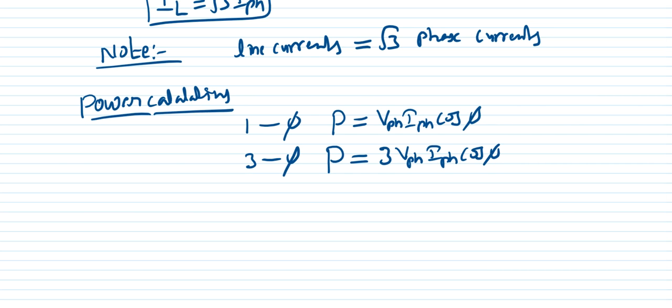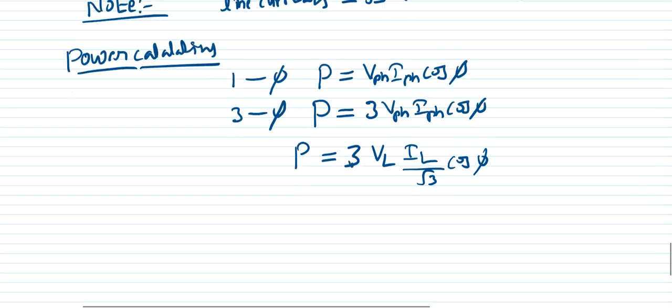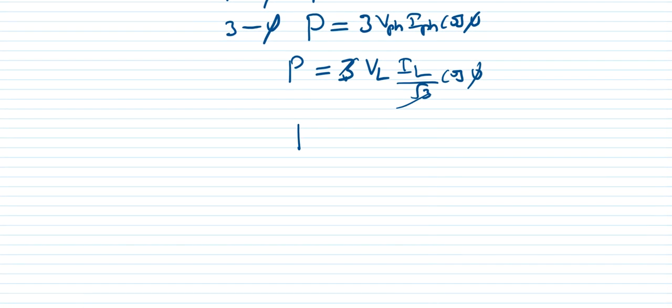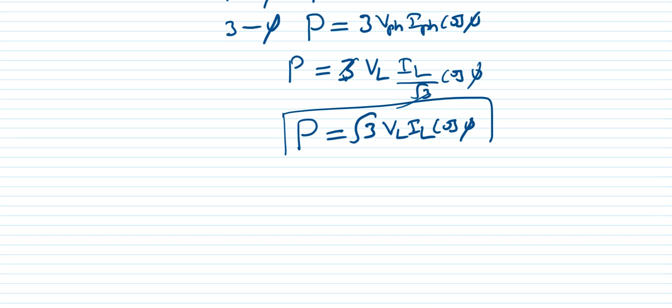This is in terms of phase. The same power can be written in terms of the line values, then it is 3 into VL, because V phase and VL in delta connection are the same, but I phase is equal to line current by root 3, isn't it? This is what you are getting for your delta connection. If you do this again, then you get P is equal to root 3 VL IL cos phi. So this is the expression you are getting, right?